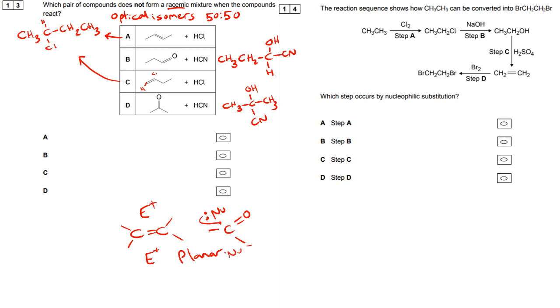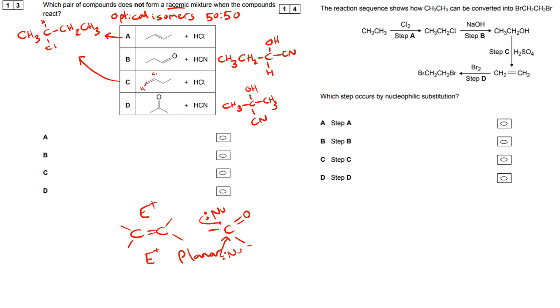So if the product has a chiral carbon, you are going to get a racemic mixture formed, because the double bond makes the group planar, so the adjoining species will attack with equal probability.